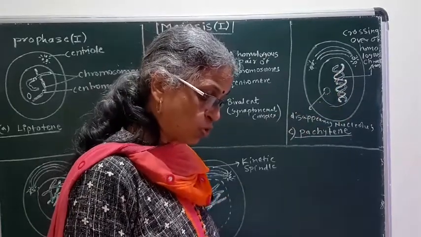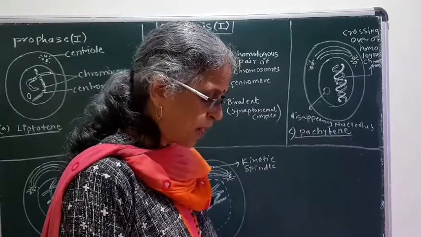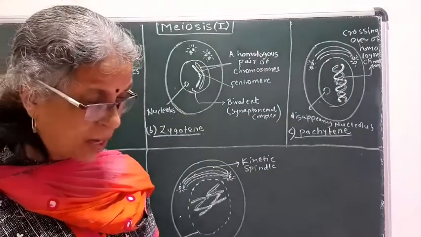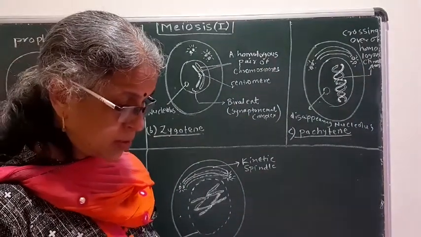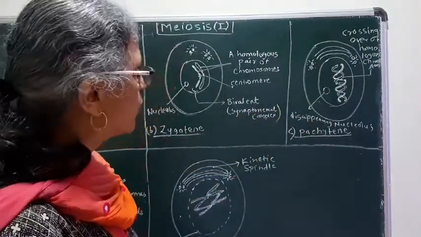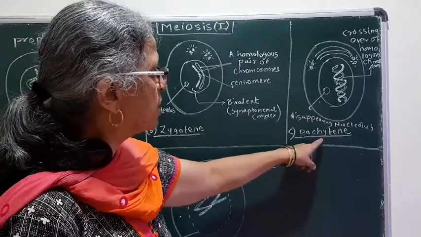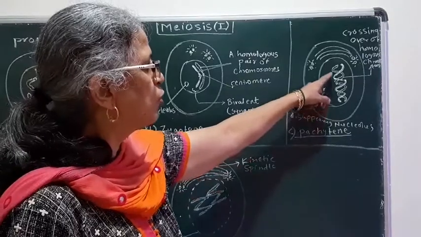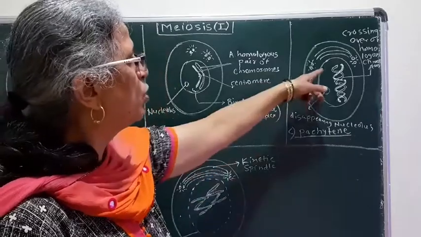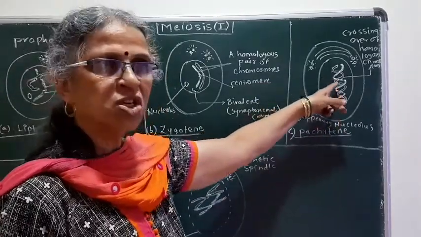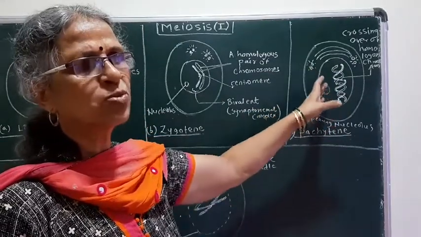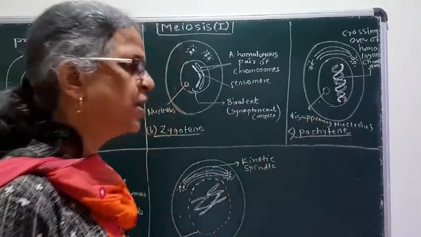The genetic recombination, a very important step, happens in the pachytene stage, and the homologous chromosomes still remain in pair at the site of crossing over. So pachytene is very important. Crossing over of non-sister chromatids of homologous chromosomes occurs, due to which exchange and recombination of genetic material occurs, and the chromosomes still remain in pair at the place of crossing over.